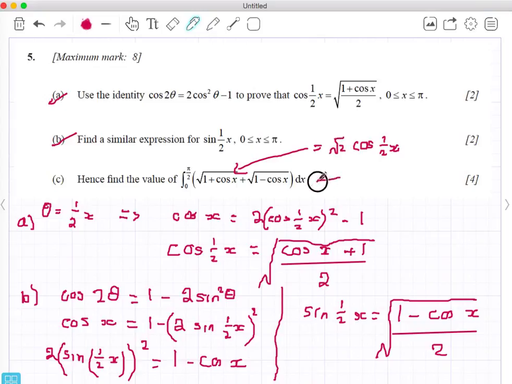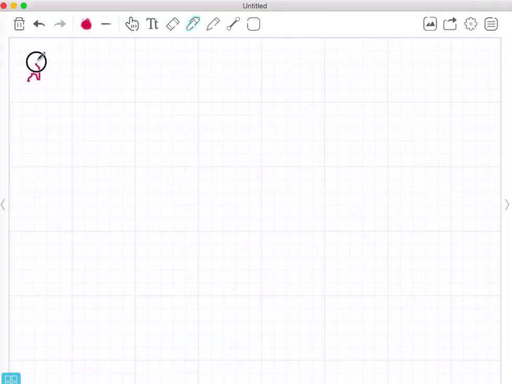And this one is the equivalent of 1 minus cos x, which is sine half x, but I need to times it by root 2. So I'm going to do this one, add this one, I can take the root 2 outside the integral sign, so I'm going to end up with root 2 coming out.